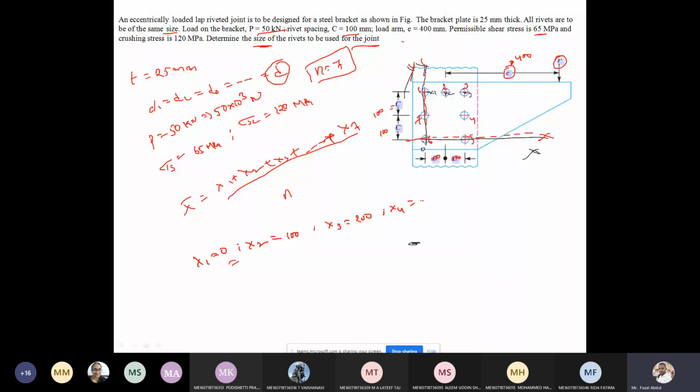Very good, 200. What is x5? That is also 200. And what is x6? X6 is 0, x7 is 0.